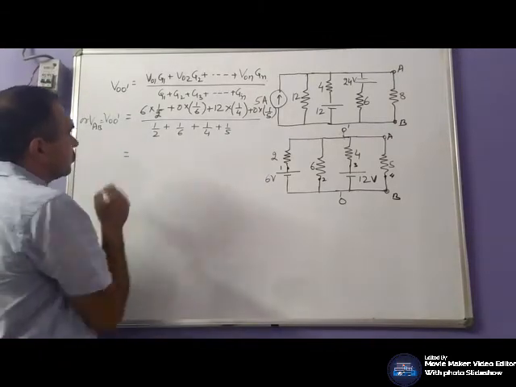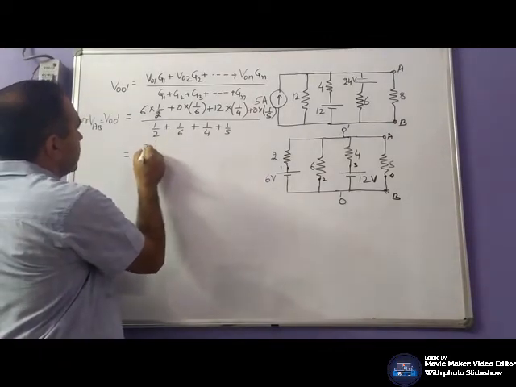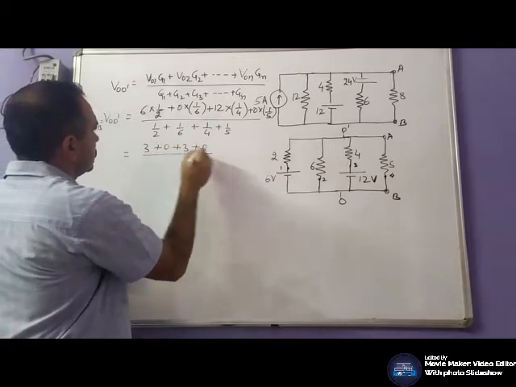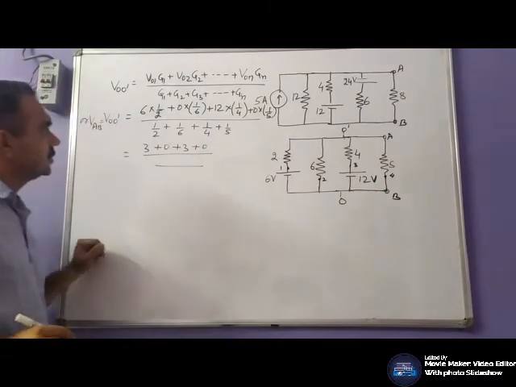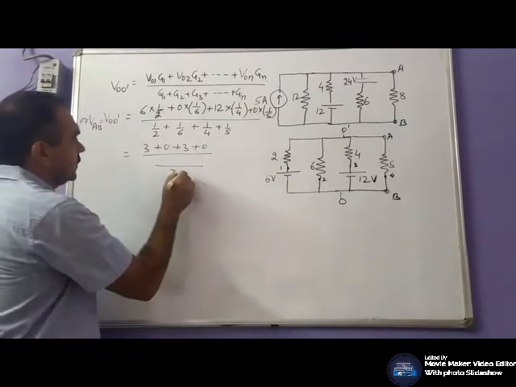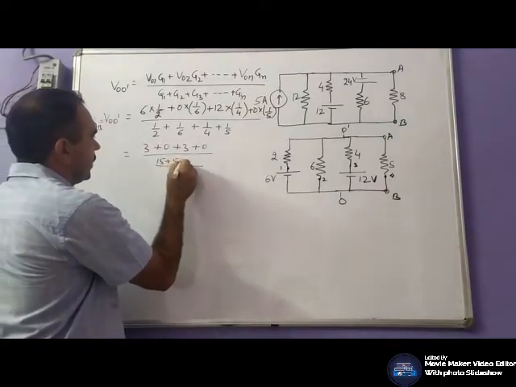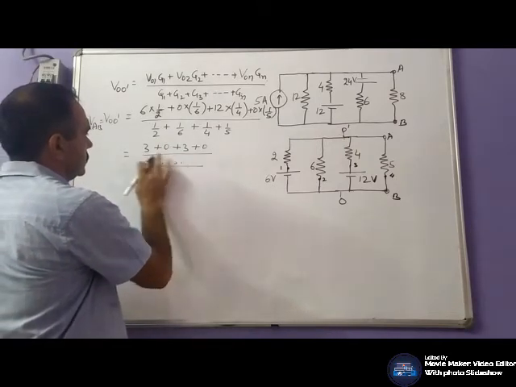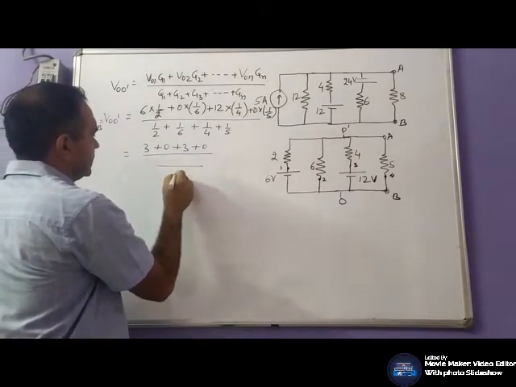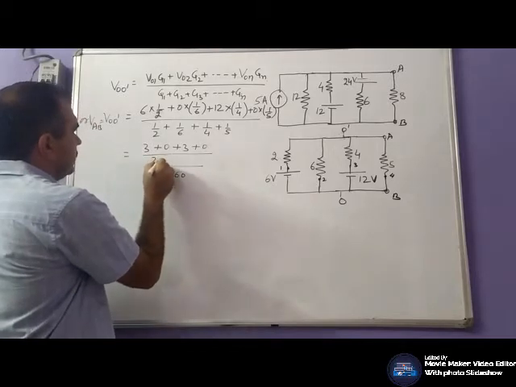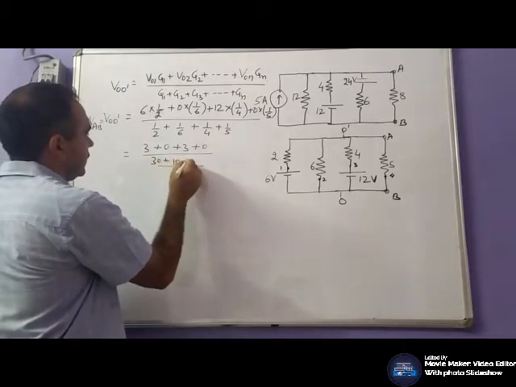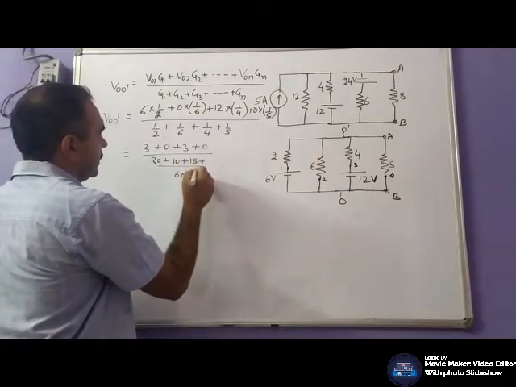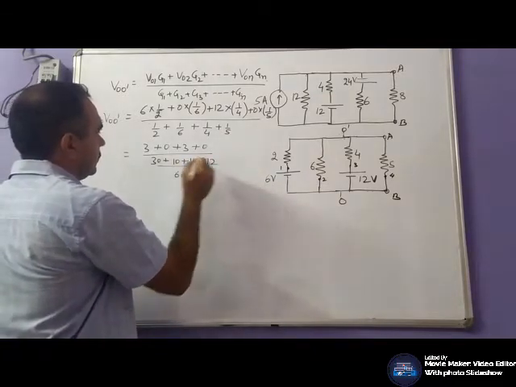This comes out to be 3 plus 0 plus 3 plus 0, over 30, 15 plus 5 plus 4, over 60, 30 plus 10 plus 15 plus 12.